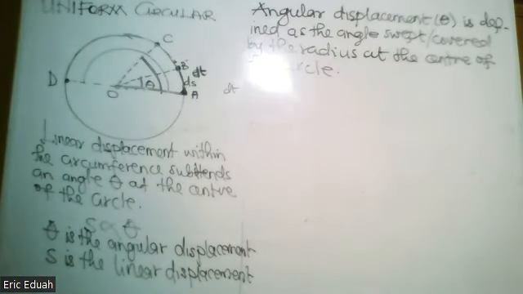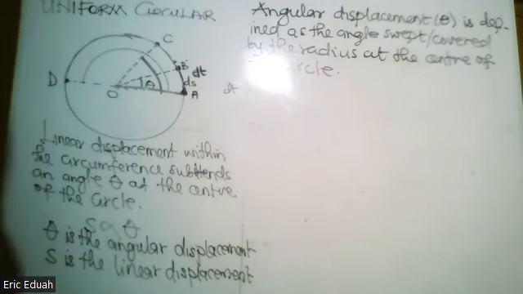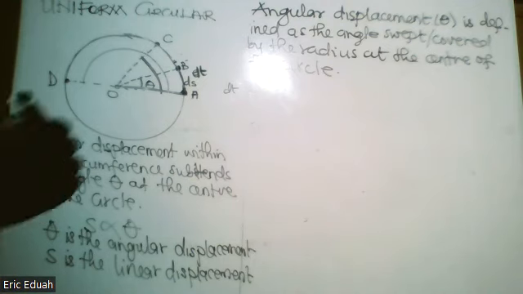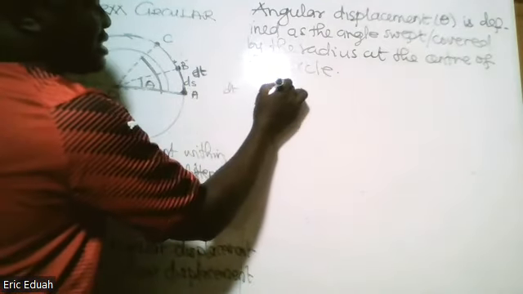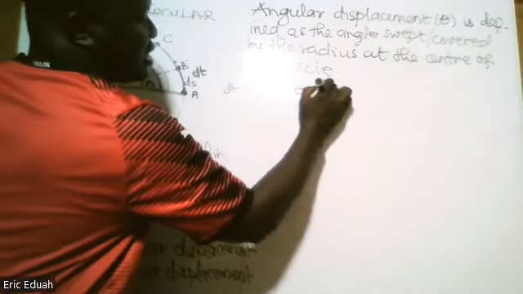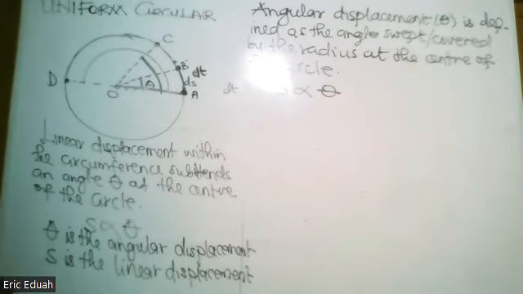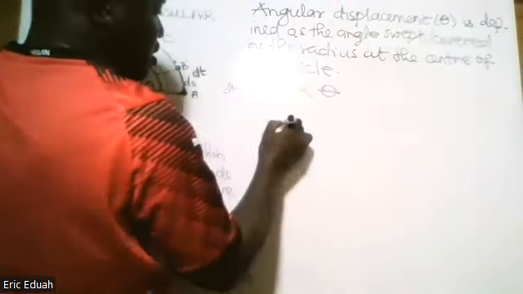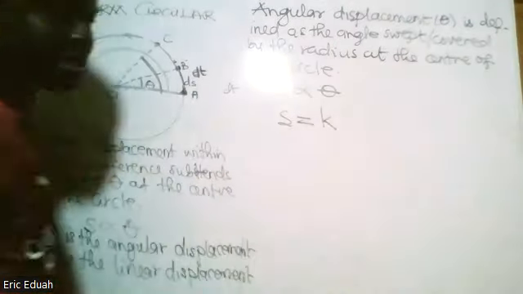So angular displacement theta is defined as the angle swept or covered by the radius at the center of the circle. And we realize that the linear displacement S is directly proportional to the angular displacement theta. In proportionality, when you introduce an equal to sign, there is a constant.